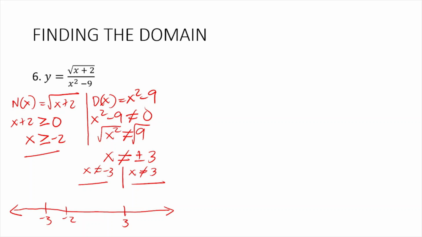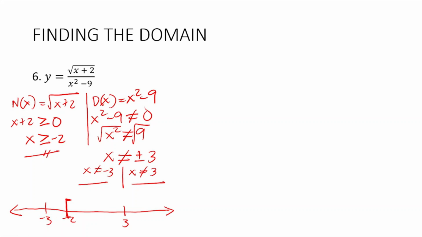From the first condition, x must be greater than or equal to negative 2, so it includes negative 2, and we go to the right because x is greater than or equal to negative 2. Therefore, we actually don't have to worry about the x value x equals negative 3.